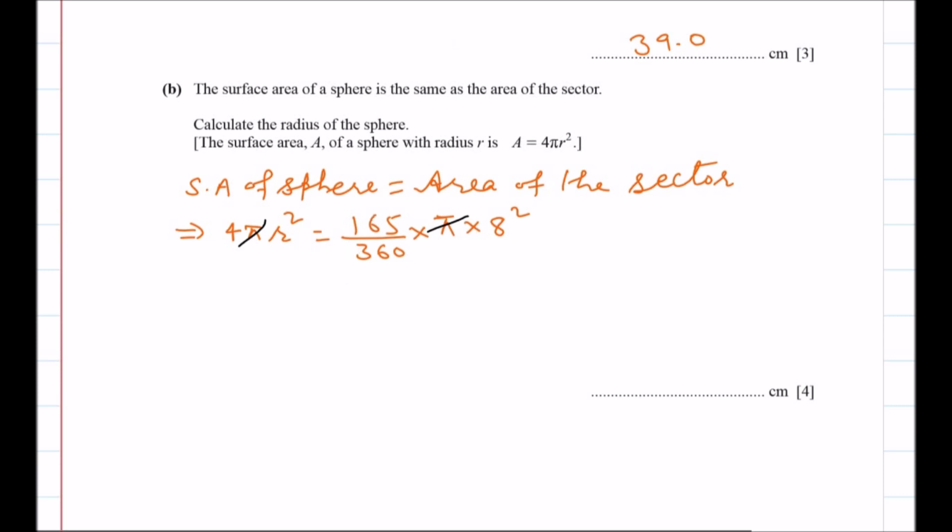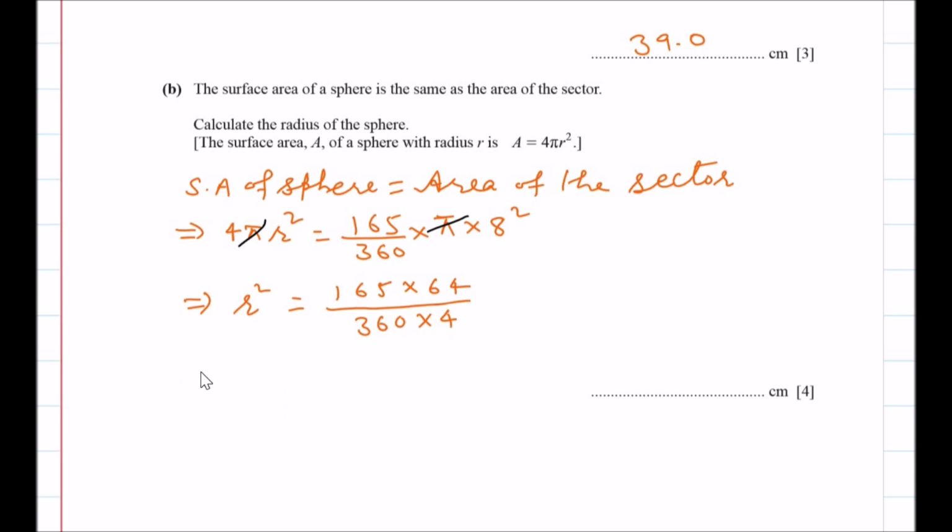So we have to make r subject. Let's make r square subject first. So r square equal to 165 into 64, because 8 square equal to 64, divided by 360 into 4.